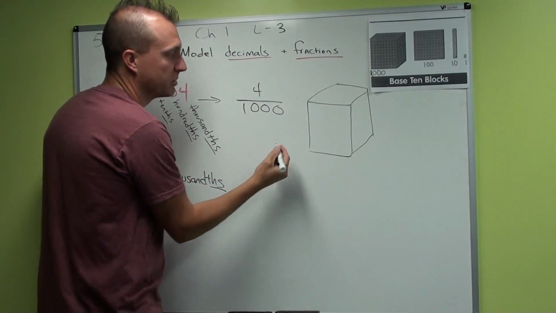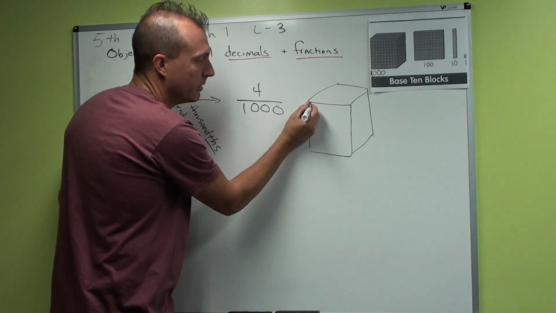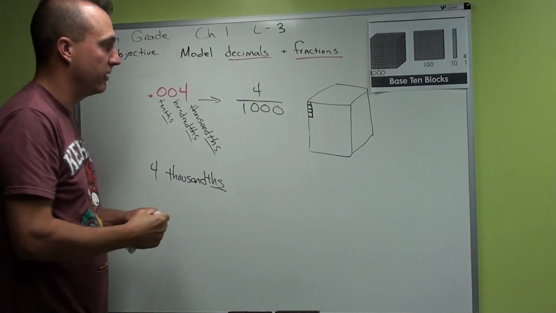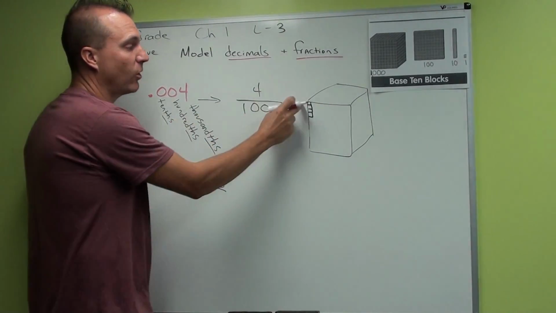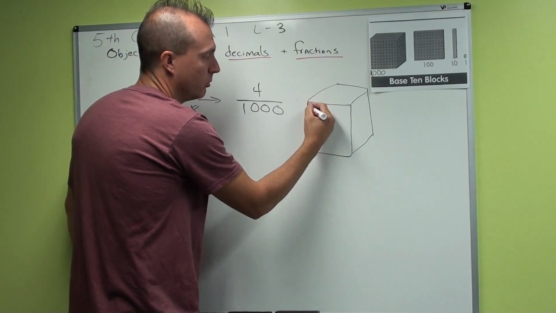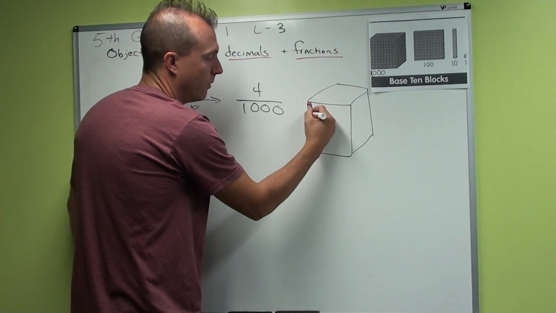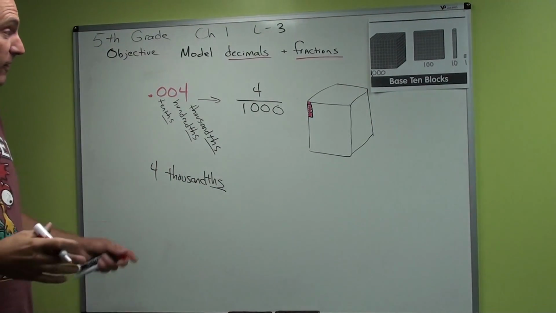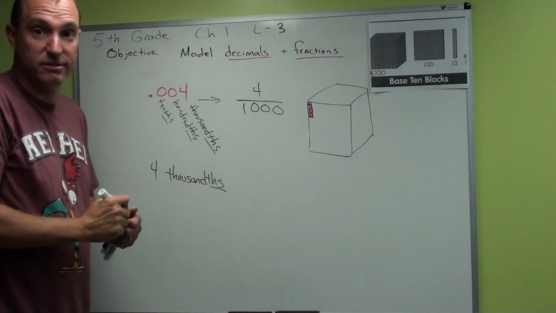So that's going to look like this. 1, 2, 3, 4. Those 4 will be filled in. And that's it. That's all you have out of this whole 1,000 block cube. So that's that part of the lesson.